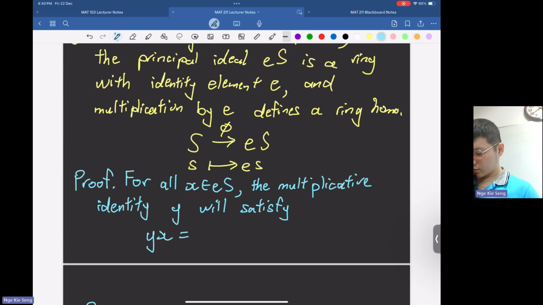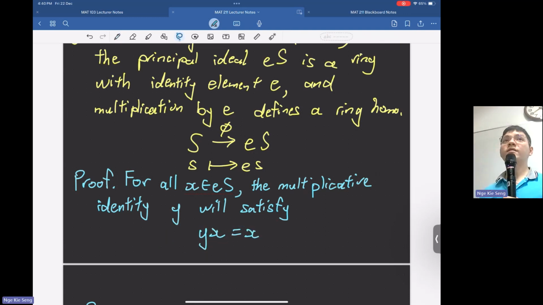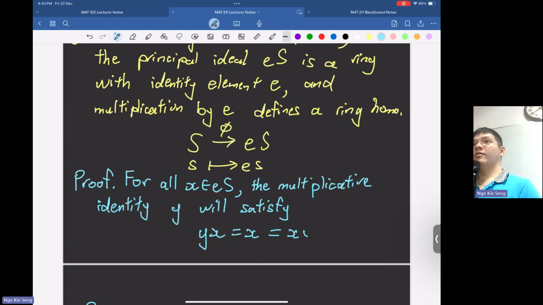So ex equals to x. Okay, so what is the y that does this? I want to see what's the y that does this. Note that I don't write down x, y. Why? Because my ring is commutative. I just need to check one. Okay, my ring is commutative.